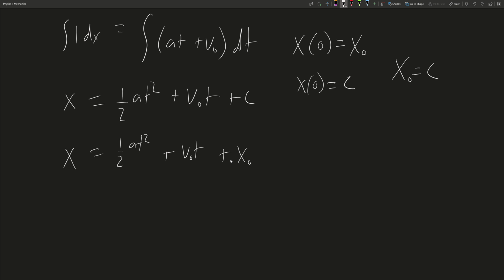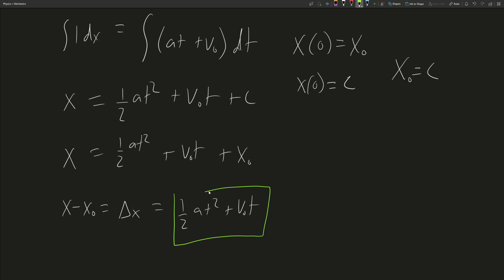Now, normally you see this as, if you move the x0 to the other side, x minus x0, which is also known as the displacement, is equal to 1/2 at squared plus v0t. And so that is another kinematic equation.